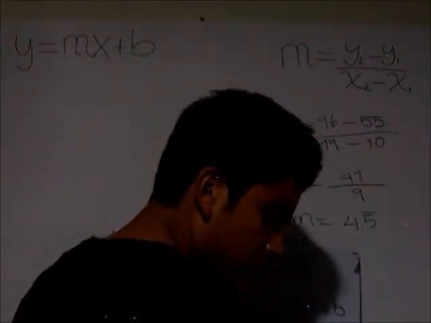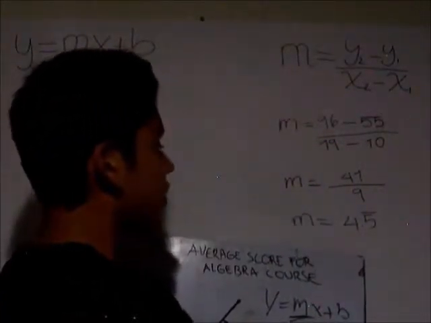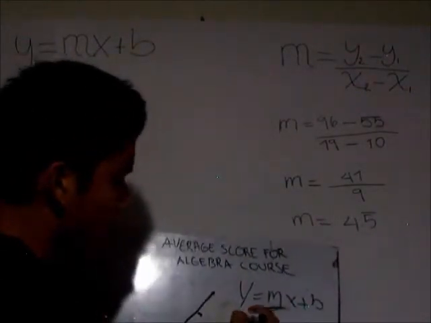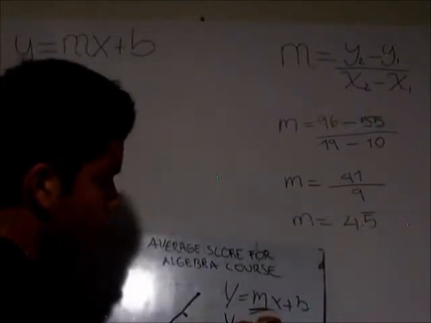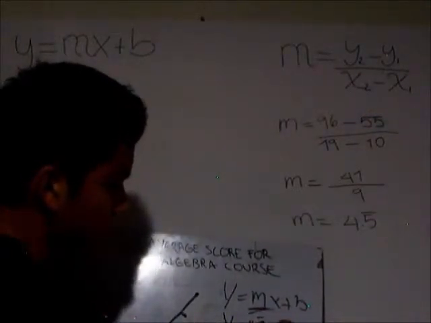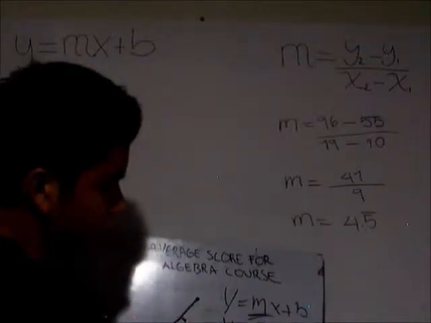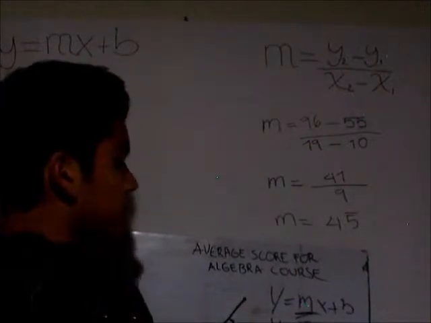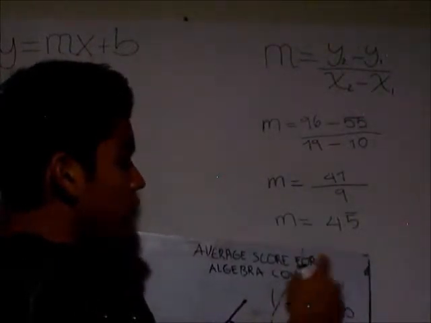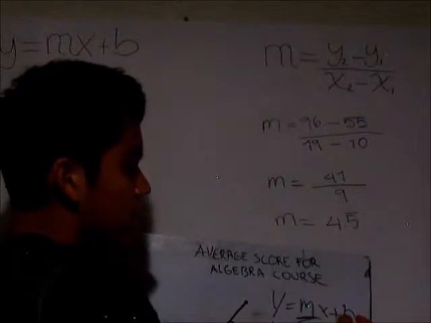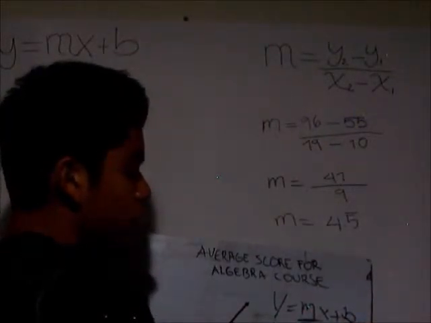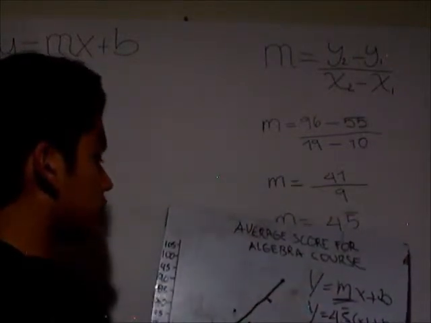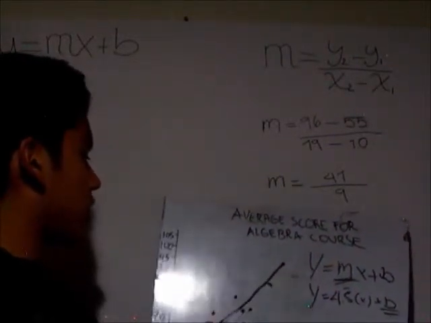Now that we have m, we can replace it in the equation. So it will be y is equal to 4.5x plus b. So we have already m. Now we will find b. How do we find b? b is found in the intersection between the y-axis and the line.